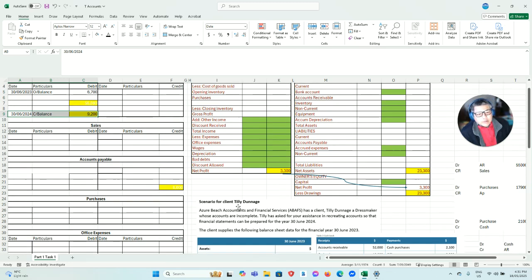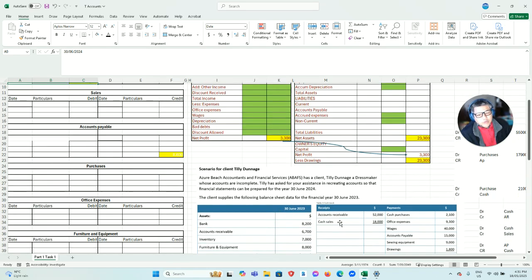For account receivable, you can have a look in the cash receipt area. On the left hand side is the cash receipt journal, on the right hand side the cash payment journal. While we look in the cash receipt, we are trying to find the other side of the account receivable. You can see the cash receipt side debits the bank 52,000.